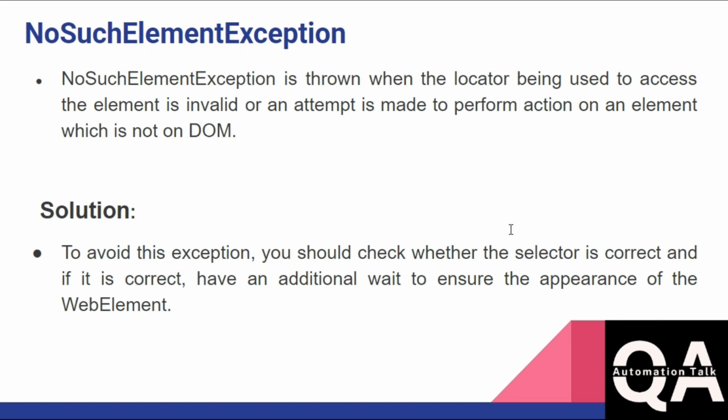The simple solution to avoid this exception is to check if the selector is correct, or you can add a wait so that the element is properly visible, then the Selenium script can execute that locator. So let's move to the next exception.